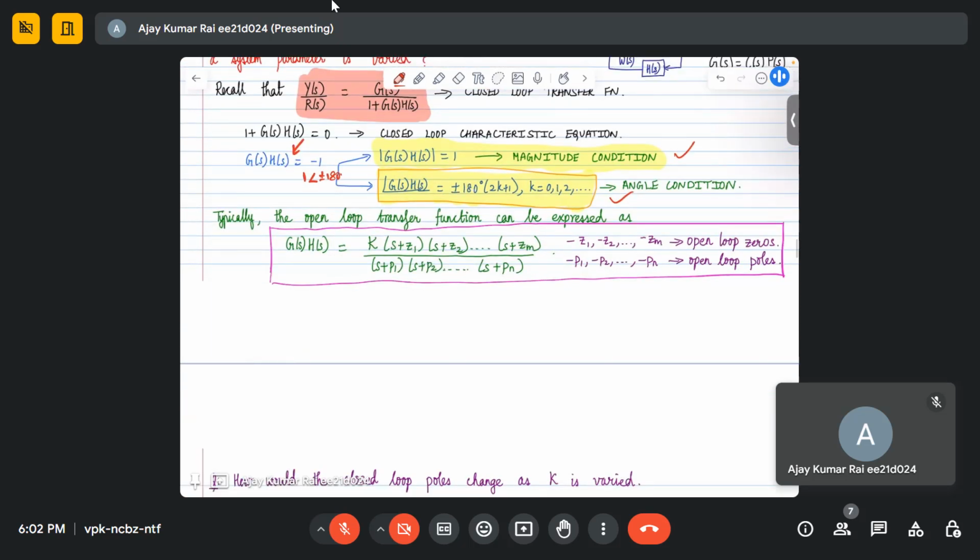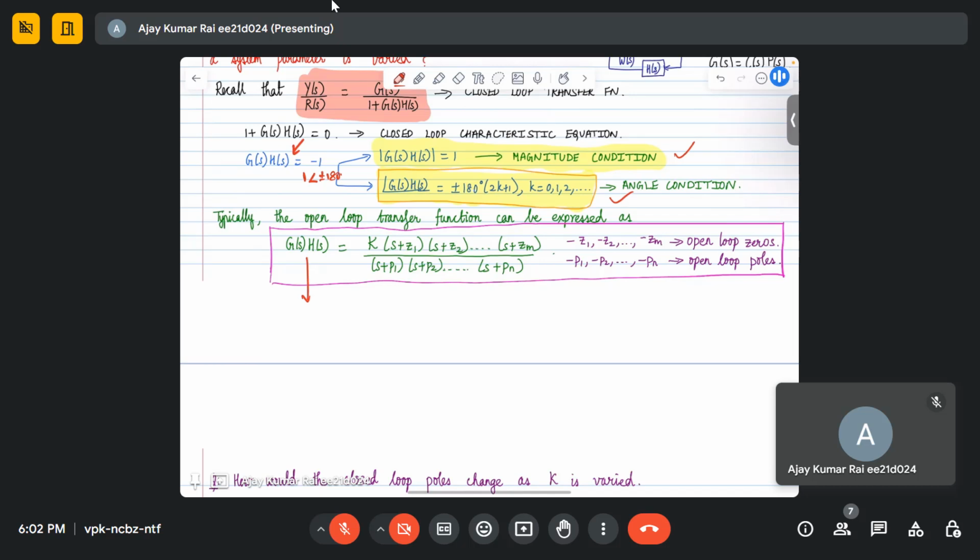For the given G(s)H(s), we have assumed the open loop transfer function to be of this form, where K is a real number which can vary from minus infinity to infinity. But in week 6, we covered cases where K is greater than 0. Z1, Z2 up to Zm are the open loop zeros, and P1, P2 up to Pn are the open loop poles.